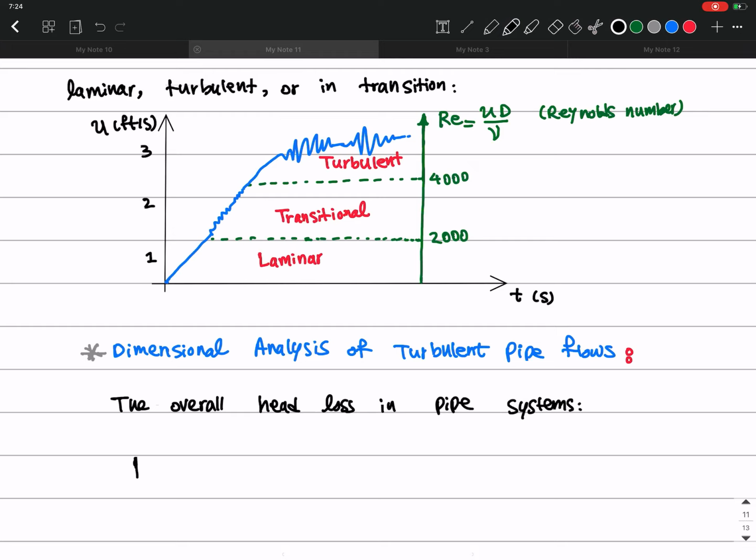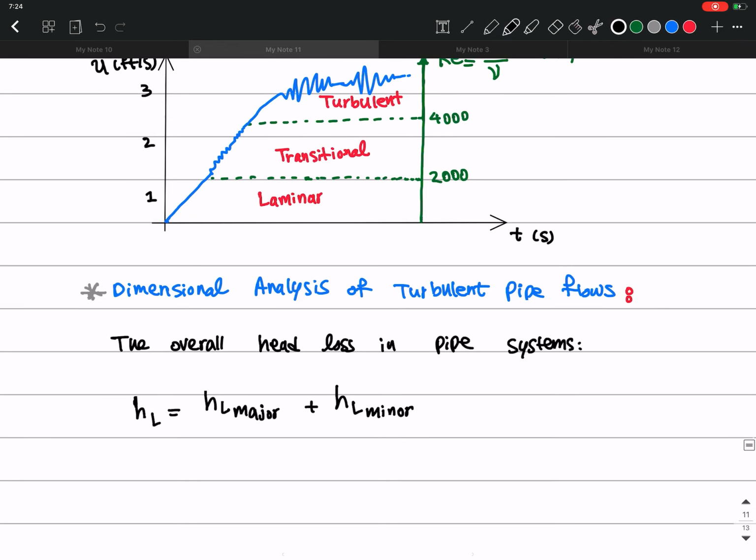as this: HL, the total, equals HL major, the major head losses, plus HL minor, the minor head losses. And I want to explain what these are.